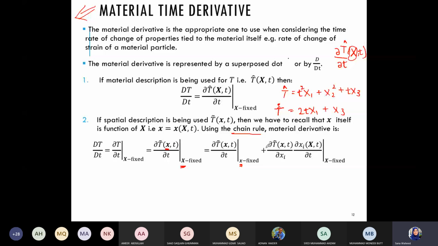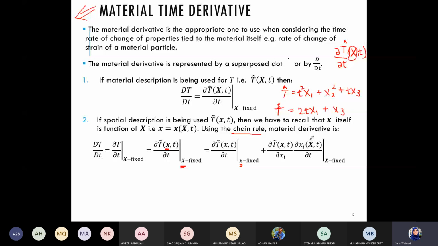Plus what would it be? It would be the partial derivative of this temperature with respect to small x multiplied by the partial derivative of this small x as a function of capital X, keeping capital X fixed.